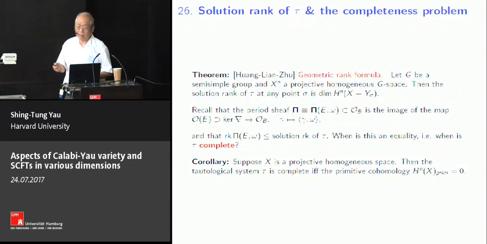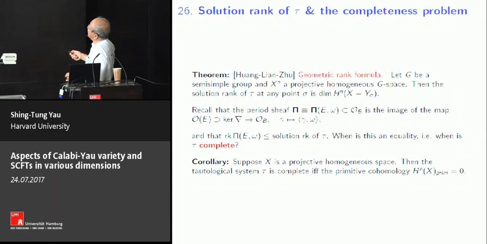And then immediately afterwards, Wang, Liang, and Zhu Xinwen generalized it and removed some hypotheses. So they said that if we have a projective homogeneous G space, then the solution rank of tau at any point sigma is exactly that, when it's a homogeneous G space.